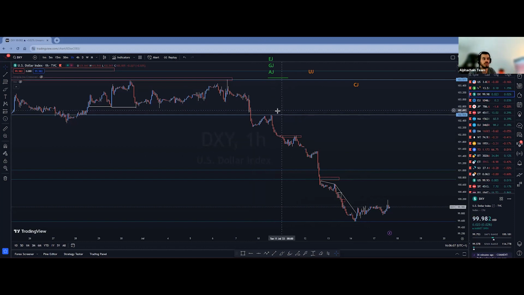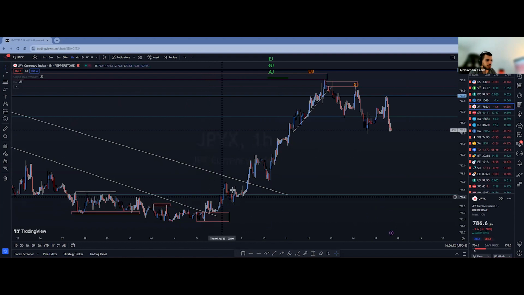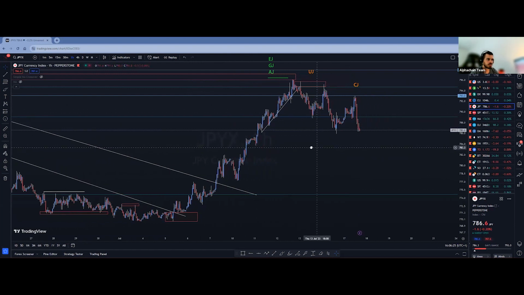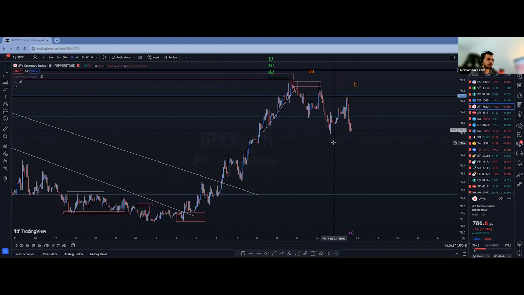Sometimes it's literally the yen pairs. For example, all this move in here was moved by the yen that was moving in here. Right? It was more of a forced yen move in here in this case. Right?